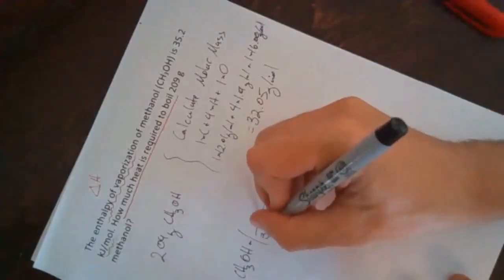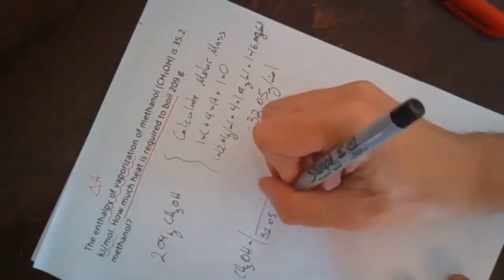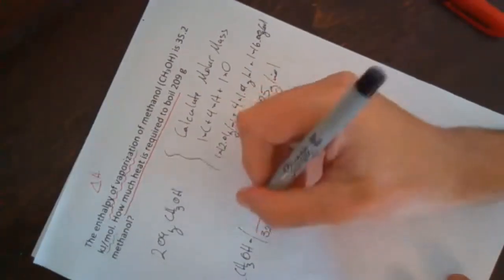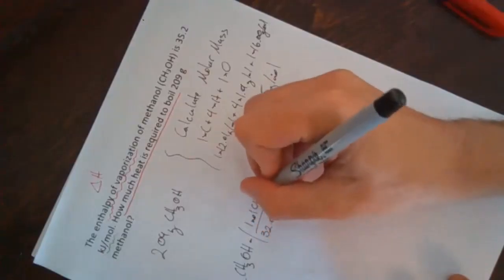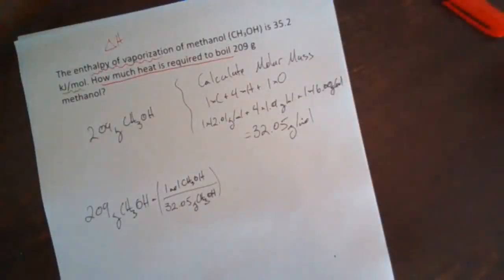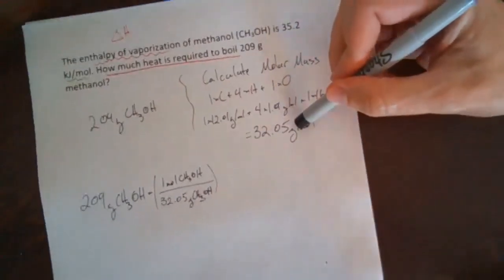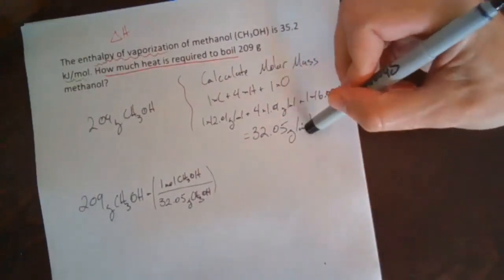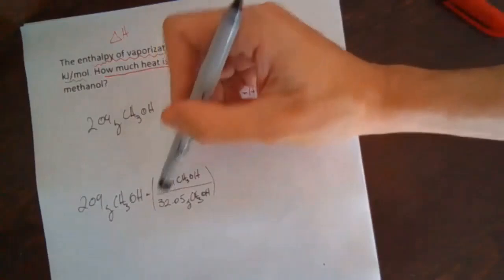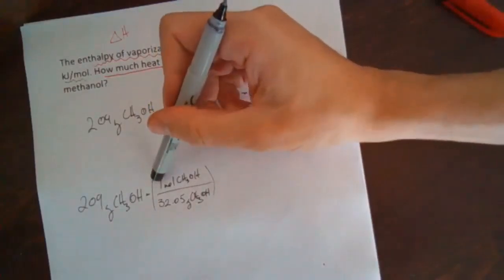So I have 32.05 grams per 1 mole of CH3OH. We don't write the 1 on the mole, but whenever it's per something, there's always an implied 1 on that. And that number right there is exact.